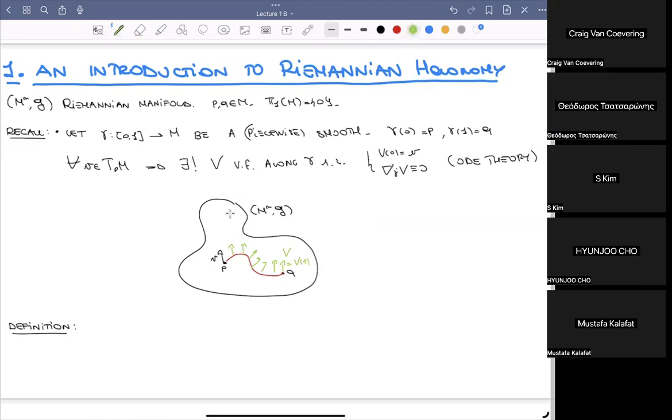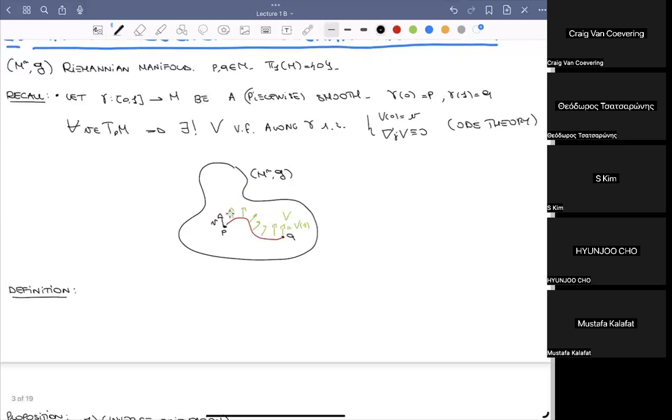From this very simple and basic construction, I can define what is called the parallel transport map. For every gamma as above, the parallel transport map along gamma is the linear map defined in the obvious way.